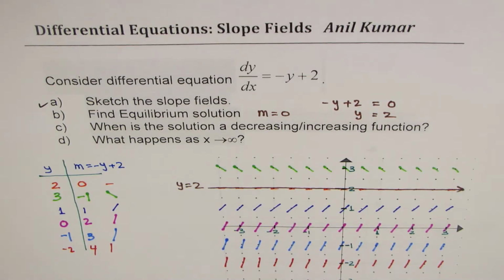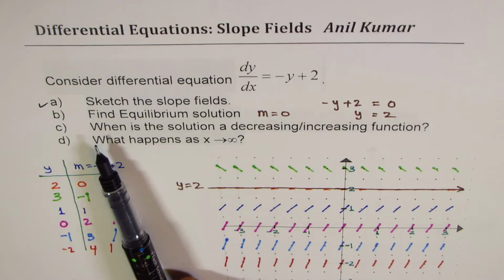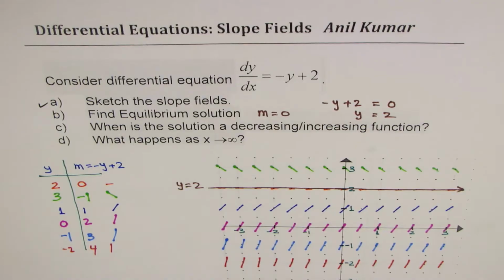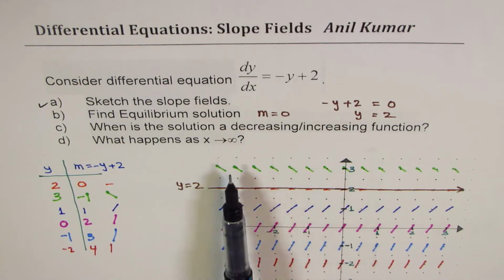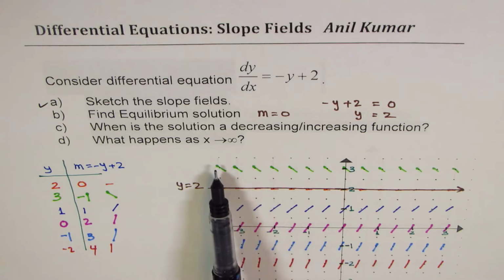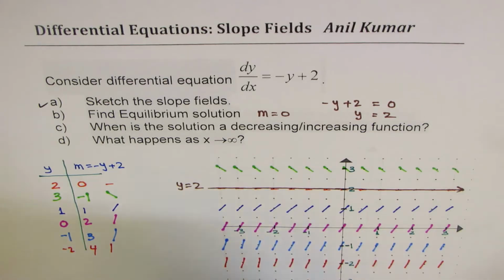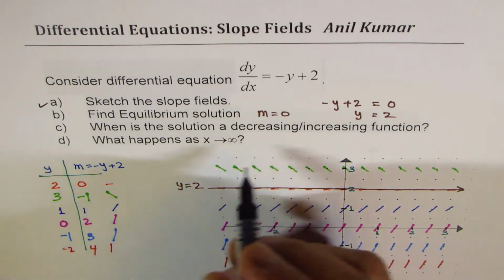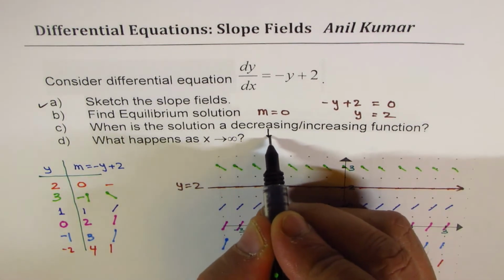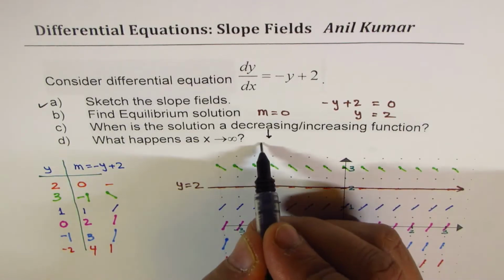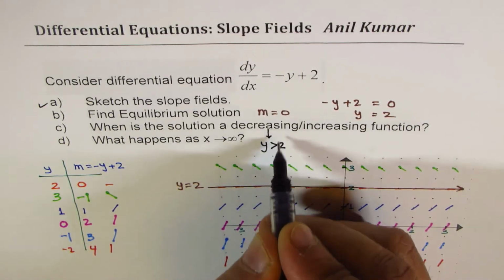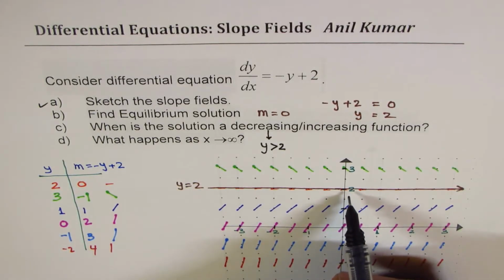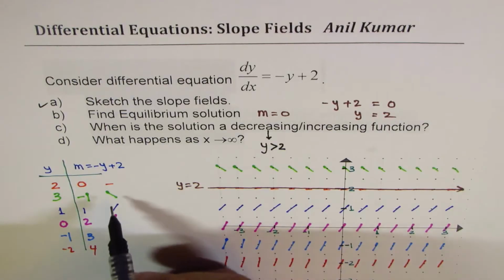Now let's look into the next question, which is when is the solution a decreasing or increasing function? As you can see here, if you have values more than 2, the slopes are negative. So it is decreasing for y greater than 2. And when is it increasing? If the y value is less than 2, all slopes are positive, correct?